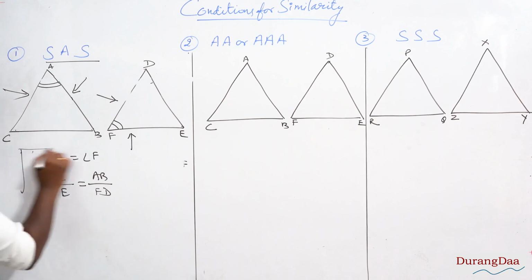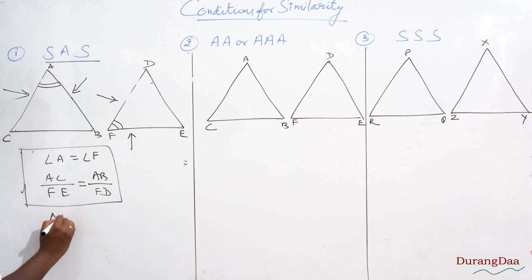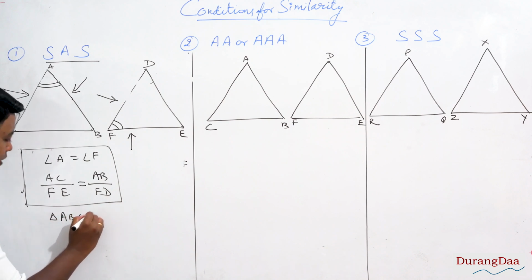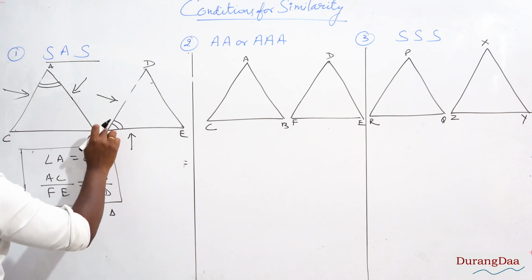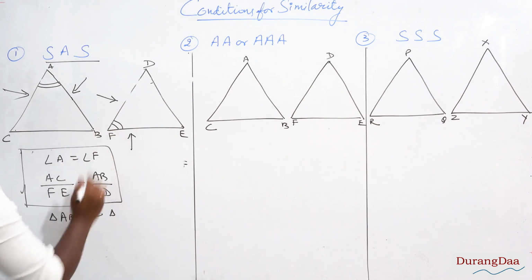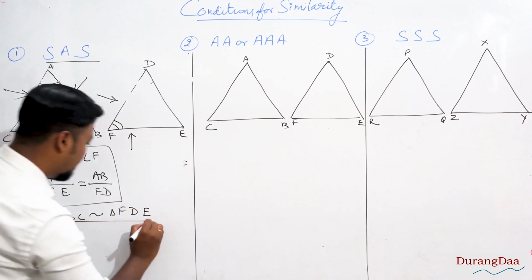Only if these two conditions are satisfied, we can write triangle ABC is similar to triangle. Be careful about the order here. ABC I have written here, so it should be FDE. So both the triangles are similar.